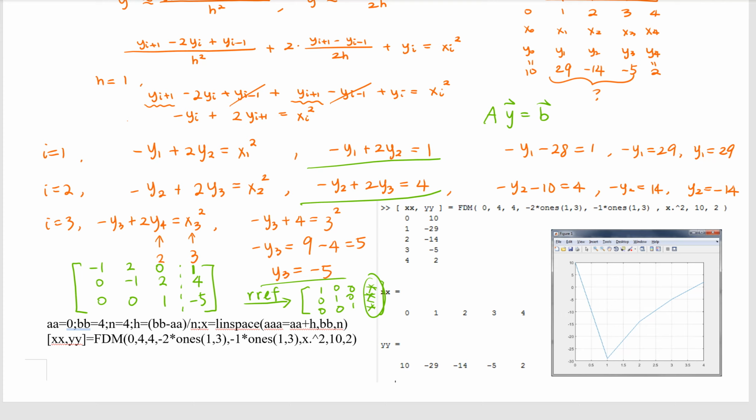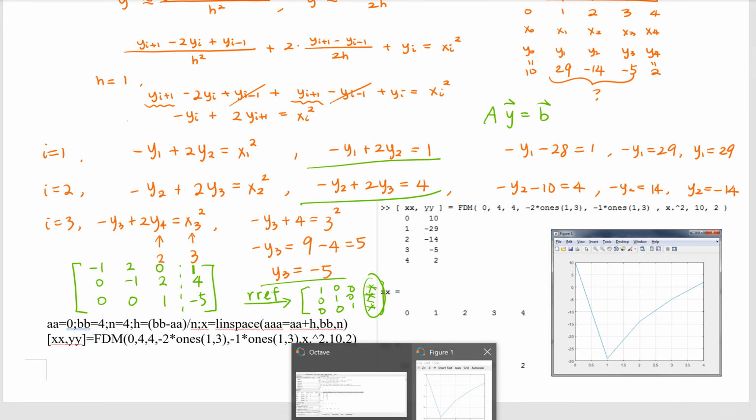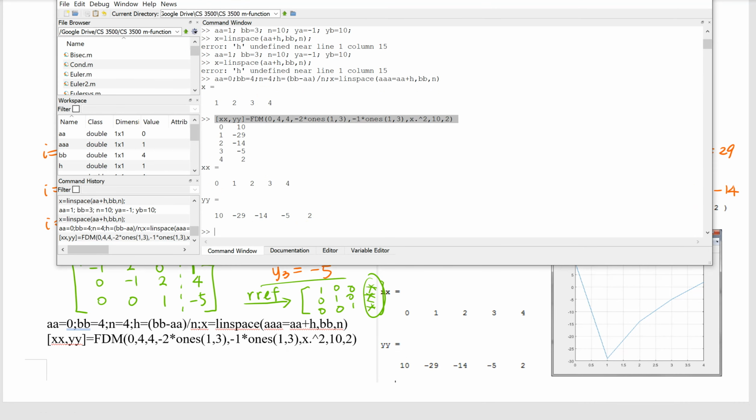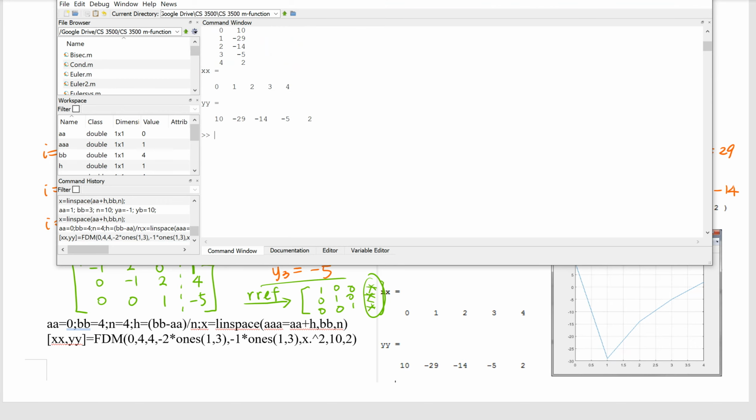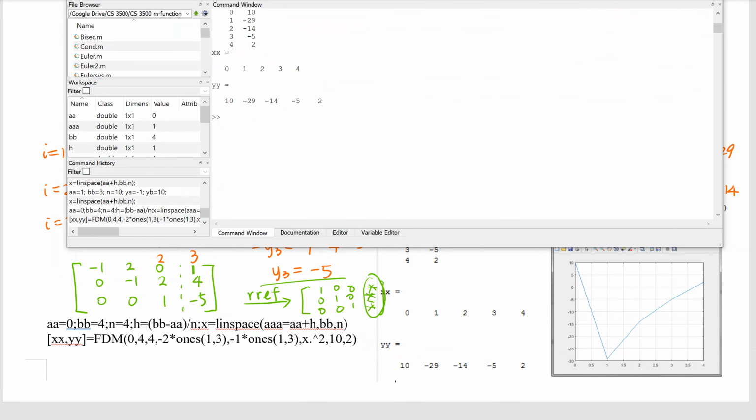I can also show you here. We can use any matrix calculator. You can use your calculator, or I can use MATLAB or Octave. So first row minus 1, 2, 0, 1. Second row 0, minus 1, 2, 4.